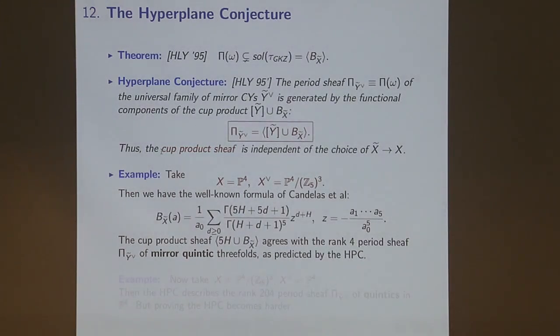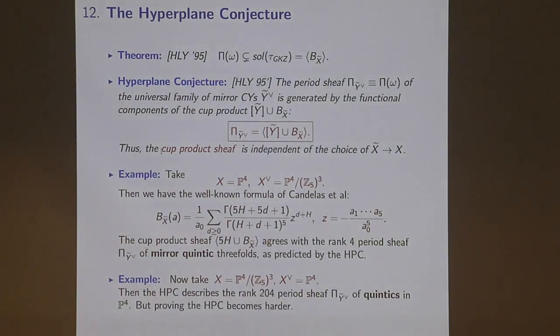Okay. Now let's change the problem just a little bit. Let's switch the roles of X and X tilde by flipping the two manifolds around. Okay, like that. Just change the roles. In this case, you still get a mirror pair because the mirror pair is reflexive. Then the hyperplane conjecture describes now a completely different problem. It describes the rank 204 period sheaf of the quintic rather than the mirror quintic.